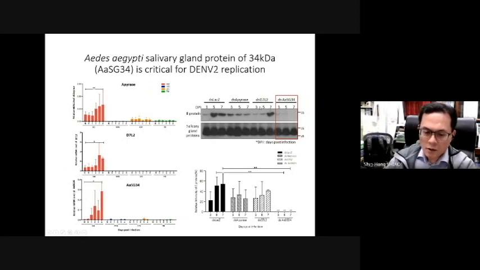Our result shows that when silencing AaSG34, we can see by Western blot analysis that the dengue virus E protein production is significantly inhibited in the mosquito salivary gland. The lower panel is the quantitative data. This data suggests that the Aedes aegypti peptide AaSG34 is critical for dengue virus replication.